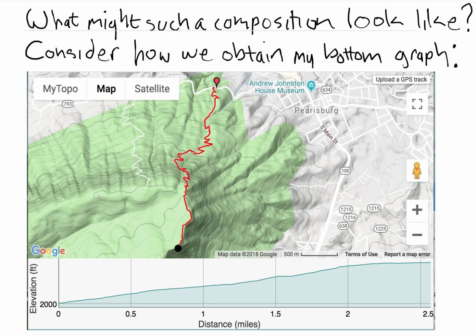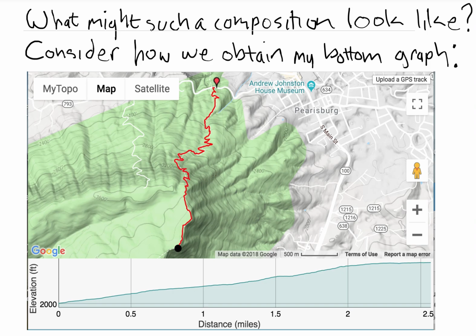Where the composition comes in is this. If you plug a given longitude and latitude into the function telling you how high up you are, that's like looking at the longitude and latitude on the map and wondering, how high in elevation are you? Now, if I take that composition and interpret it as a single variable function, I get this thing on the very bottom of my graph here, right?